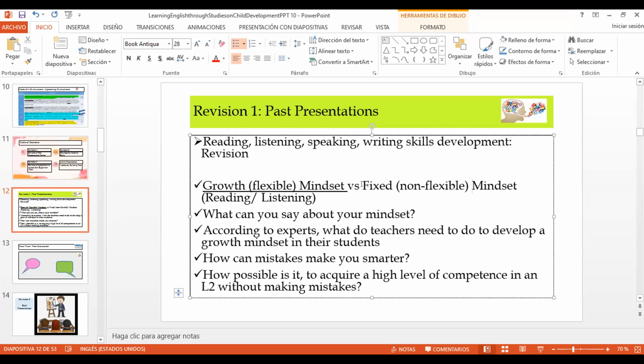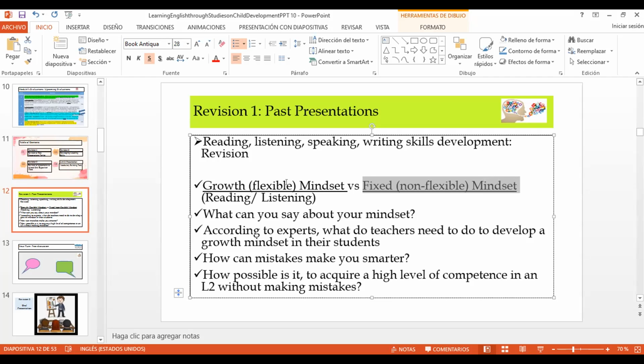Any ideas? What does it mean, non-flexible? Do you understand the word flexible? Do you? Yes.